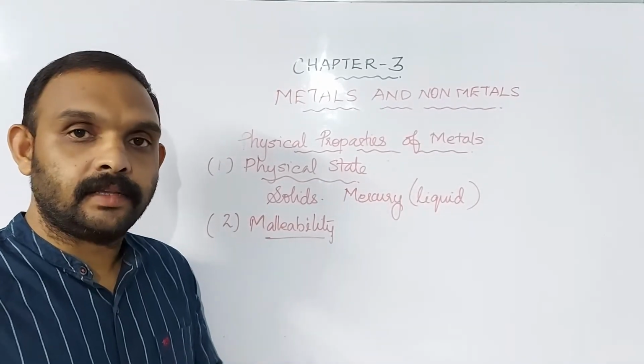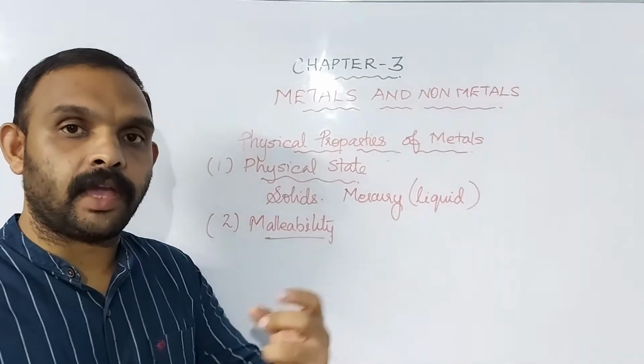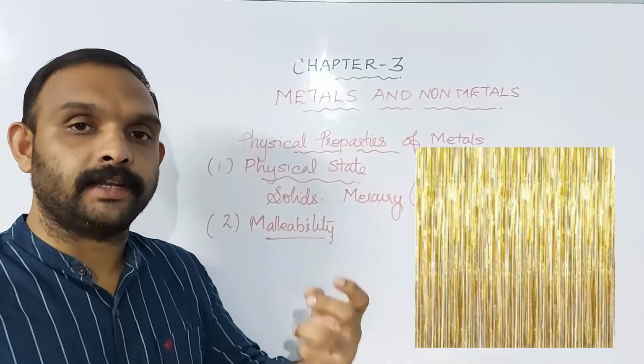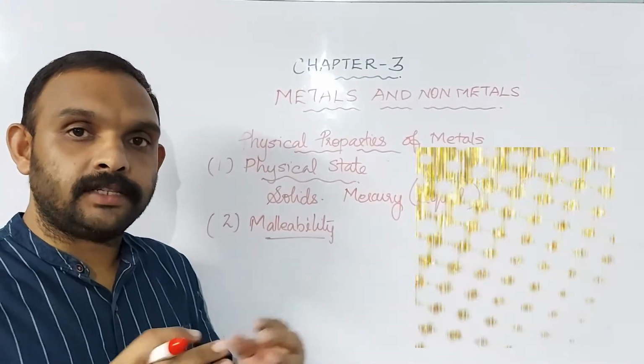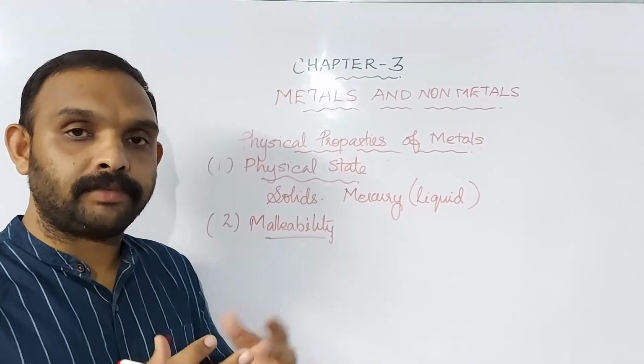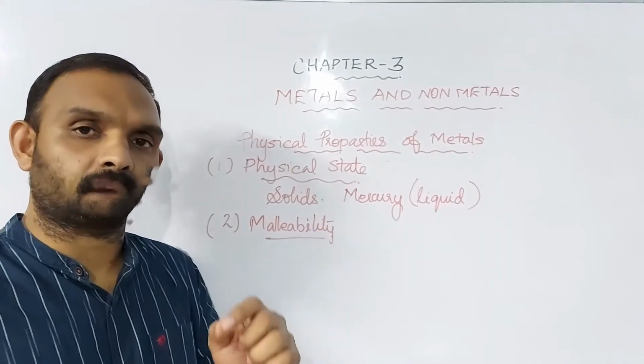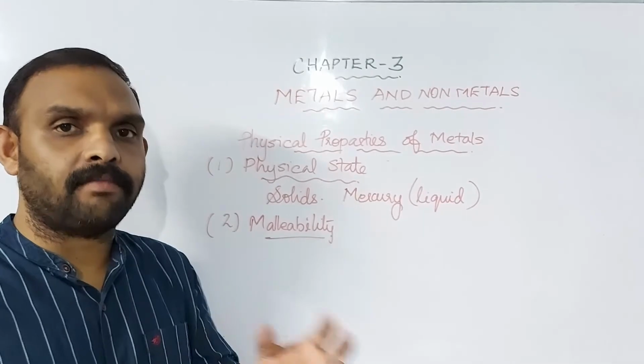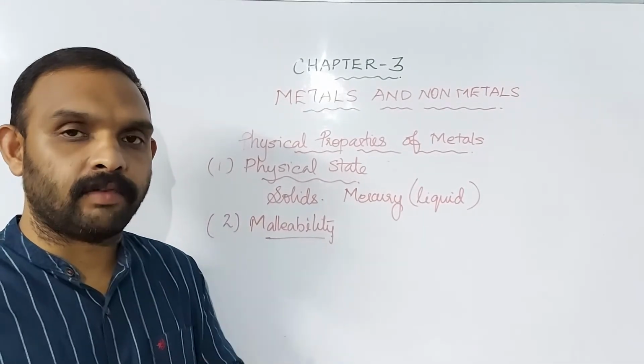Or if you are purchasing a toffee or chocolate, you can see that it is wrapped in silver foil, or it may be wrapped in golden foil. How is this possible with a metal like aluminium or silver?